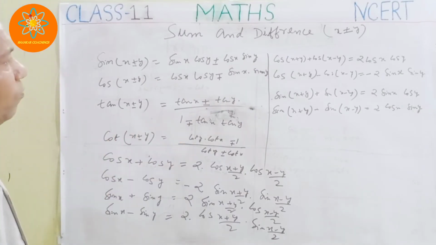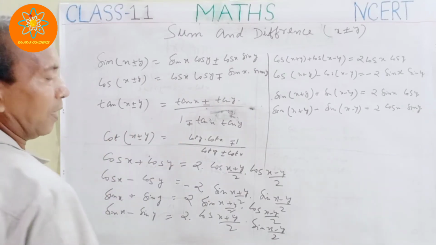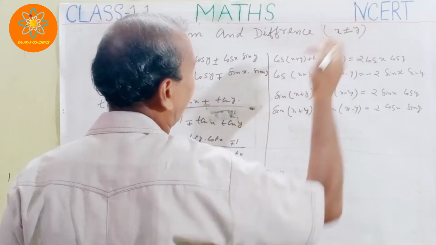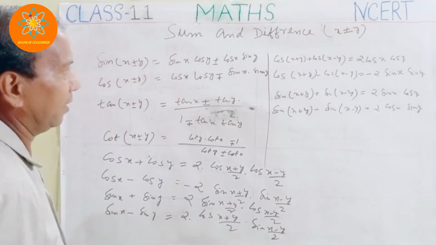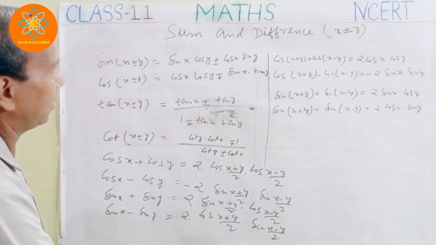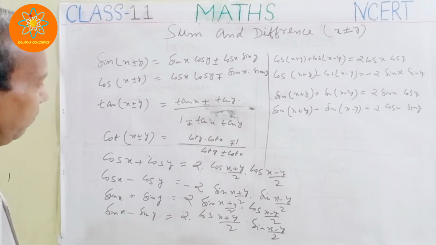So in all these formulas, in one case plus sign is there and in the other case minus sign is there. These all are the formulas of sum and difference.